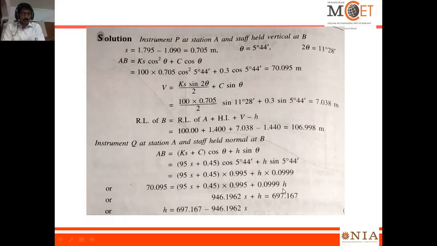Now you have obtained an equation in terms of S plus H, either we can focus S or we can focus H, no issue, but both the readings we have to determine.